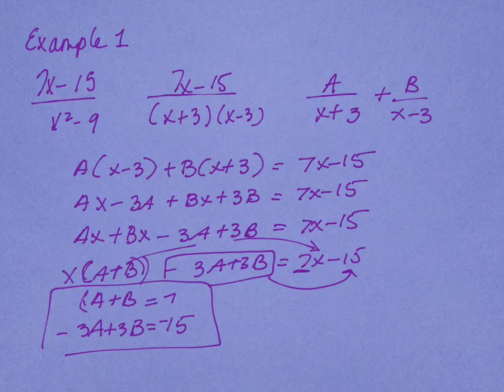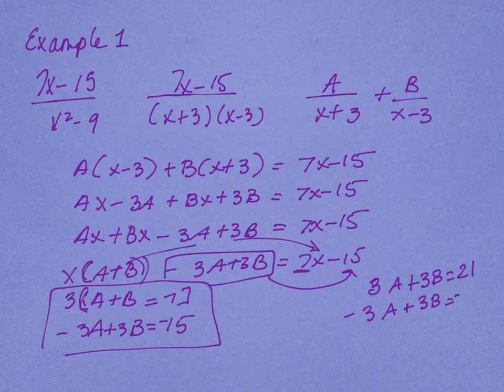So let's see. I'm going to multiply this whole thing by 3. So my system would be 3a plus 3b equals 21, and negative 3a plus 3b equals negative 15. When I add those together, I get 0 plus 6b equals 6, so b is equal to 1.